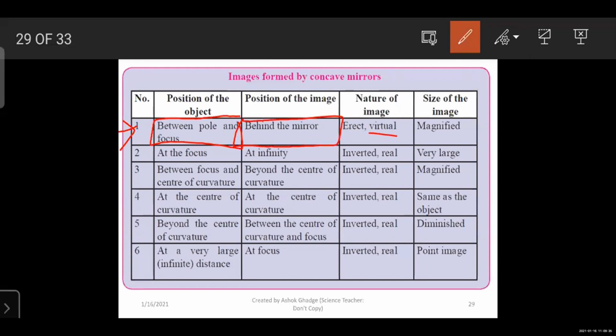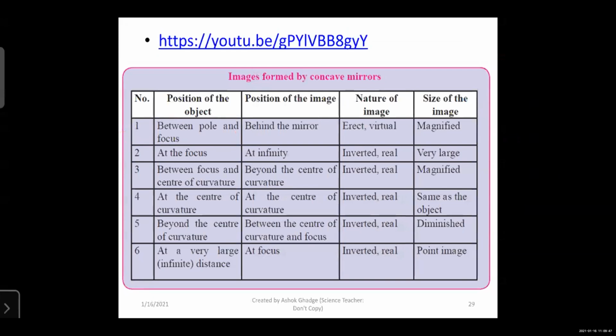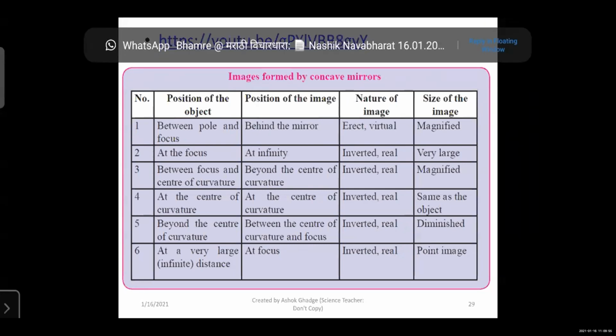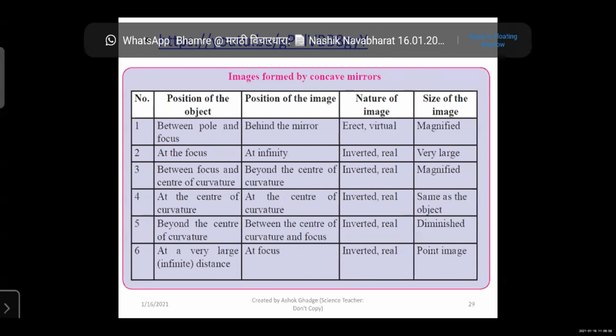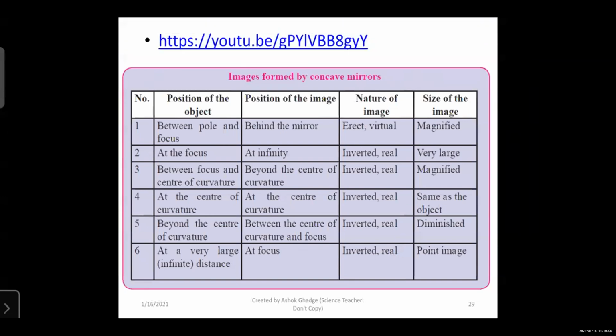The image which is obtained was virtual and erect, and it was a magnified image. In this way, you can identify and write the nature, size, and position of the image for an object positioned at these six points.